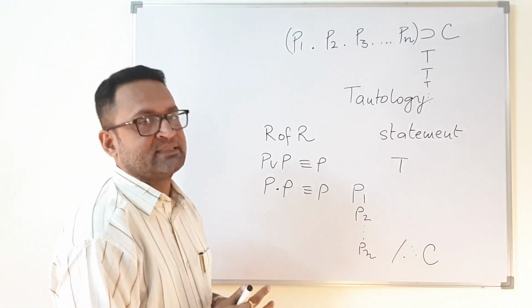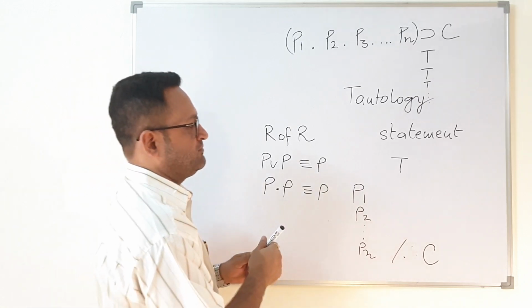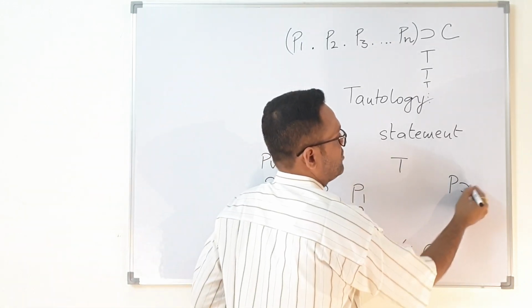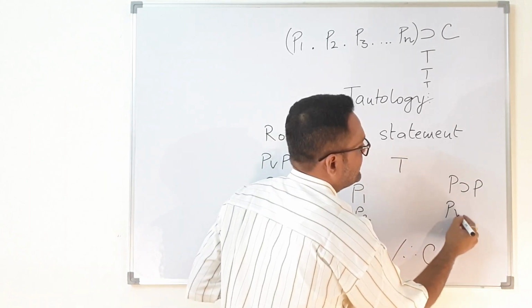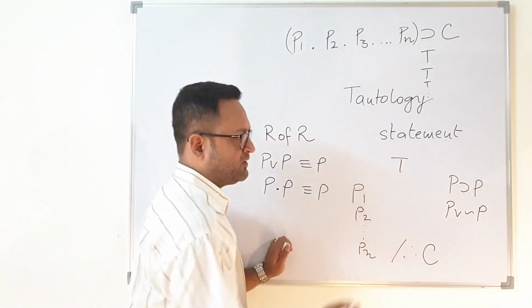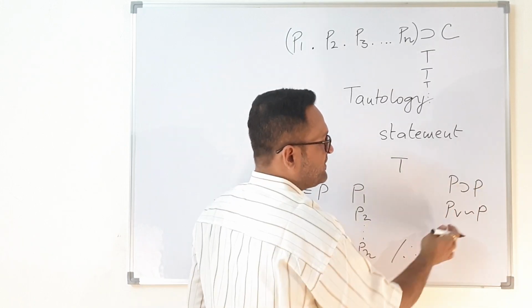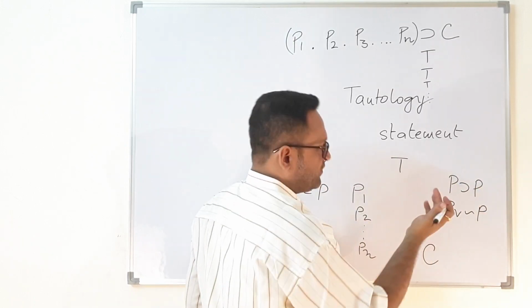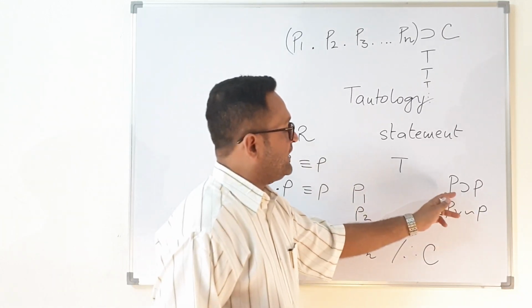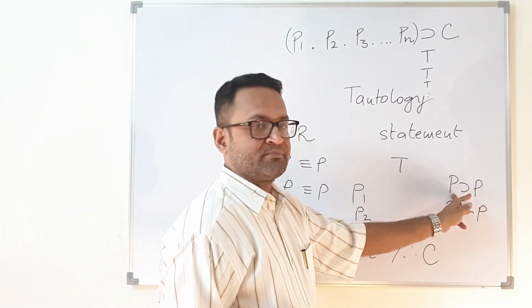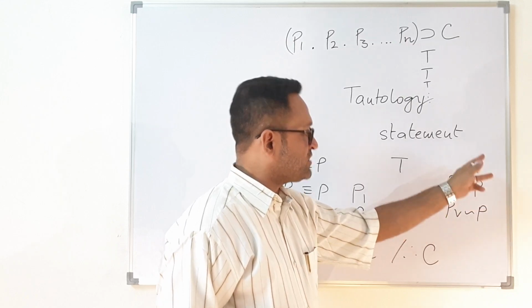Now if you see this, any tautology, like suppose P implies P, is a tautology, we know. Or if I write it in another way, it will be like this, because this will also be the negation of P wedge, and I am writing P wedge negation P. Both are tautologies, we know. Now if you consider this to be a premise, then this implying the conclusion is a tautology.